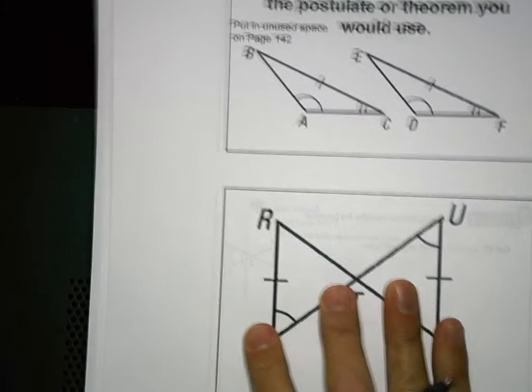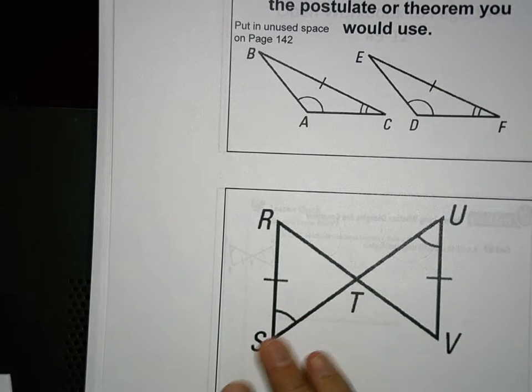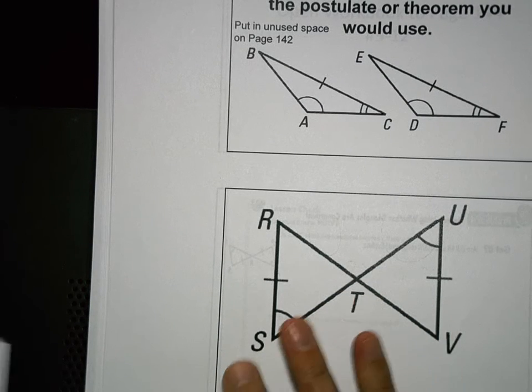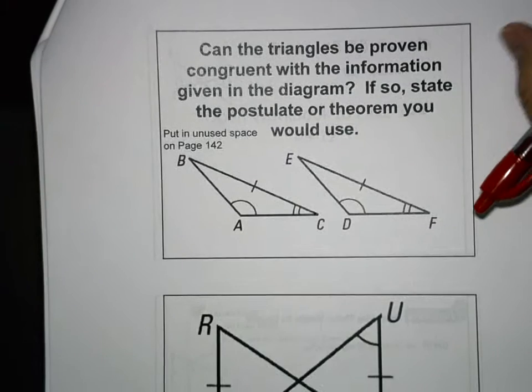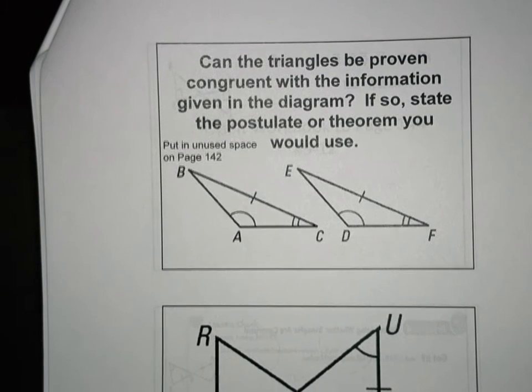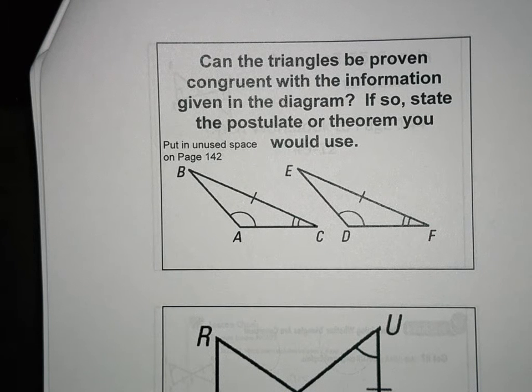Okay, so moving on. On page 142, you're not going to be writing anything in there. And so kind of cross out those examples and maybe draw on these pictures. Or we can actually just kind of talk about this. But can these triangles be proven congruent with the information given in the diagram?